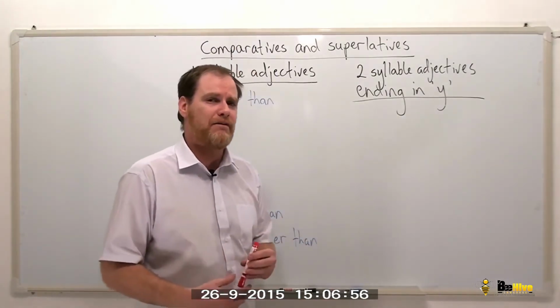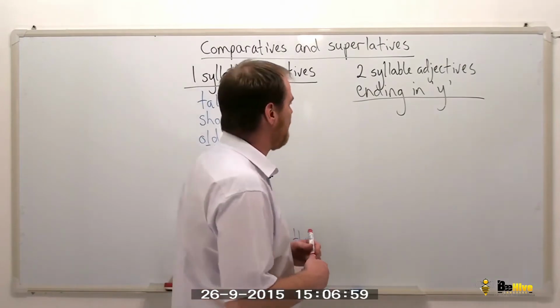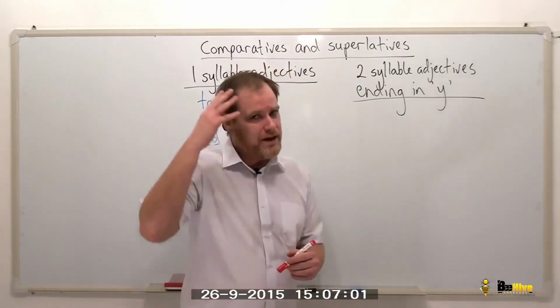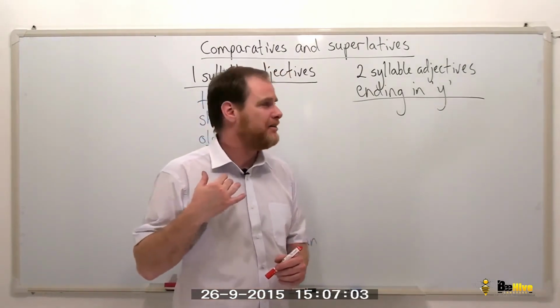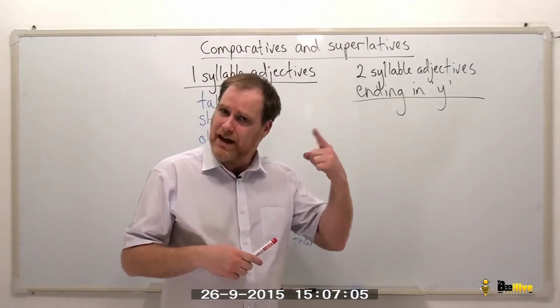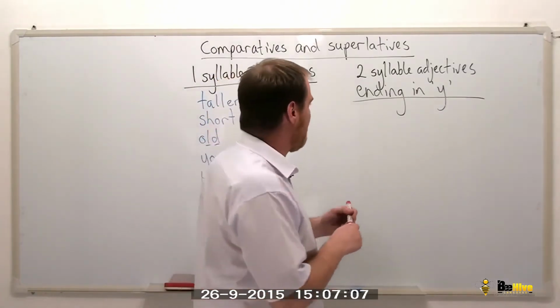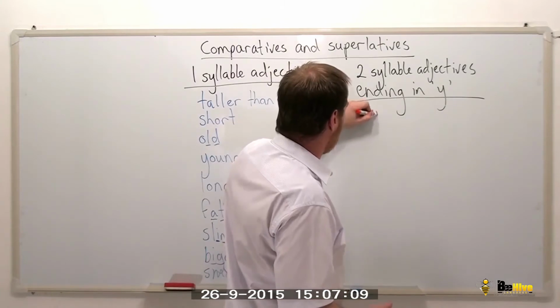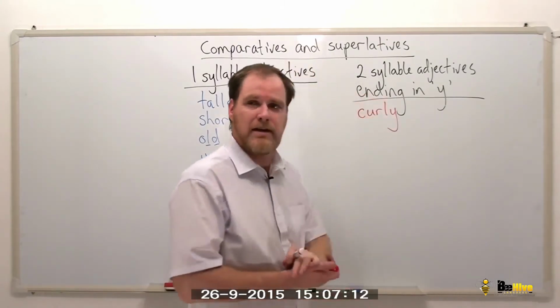I'll give you a couple of examples to start off with. Okay, if I was talking about somebody's hair, for example, and somebody's hair is like this, we can say that he or she has curly hair.